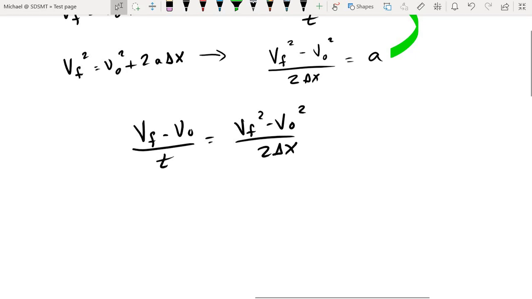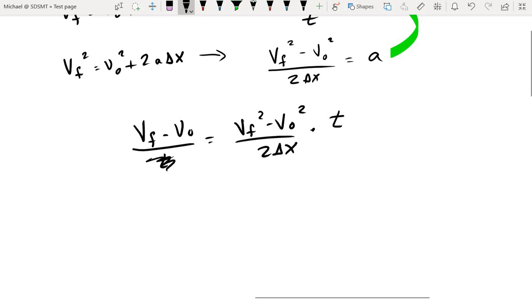The first thing that I want to do is get rid of those denominators. And we can do that by cross multiplication. I'm going to multiply the time from the left-hand side up to the numerator of the right-hand side.